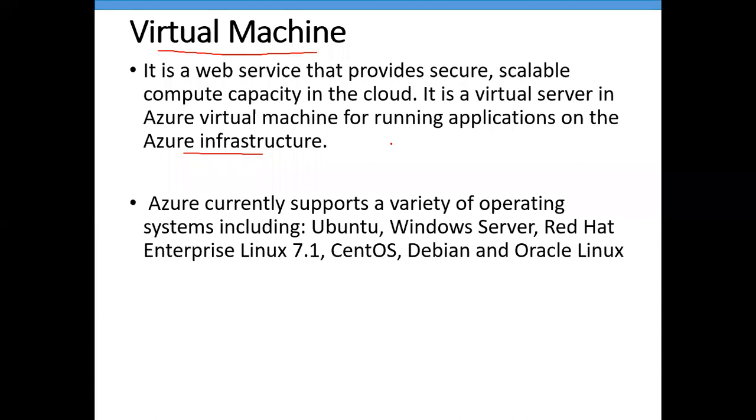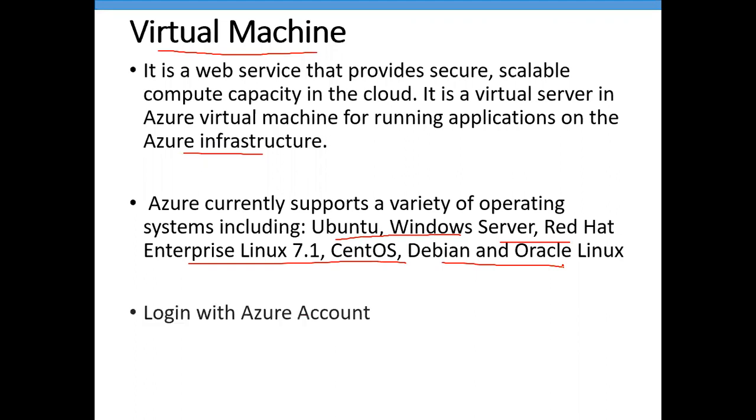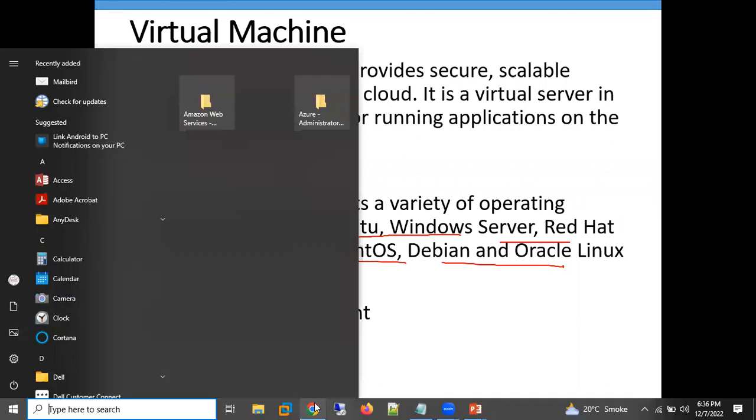And what type of operating systems does Azure support? Here is the list of servers which Azure is providing us to create our servers. It's supporting these 5 to 6 types of operating systems. Now, first of all, we need to go to our Azure account.